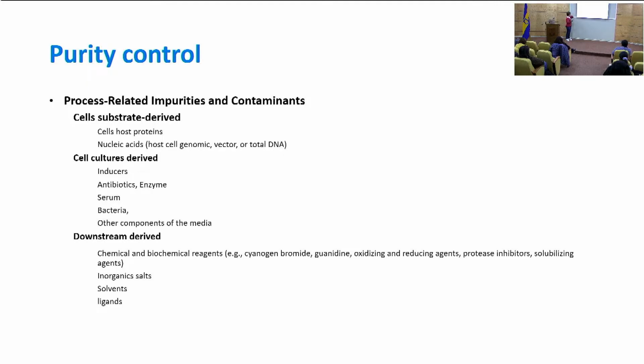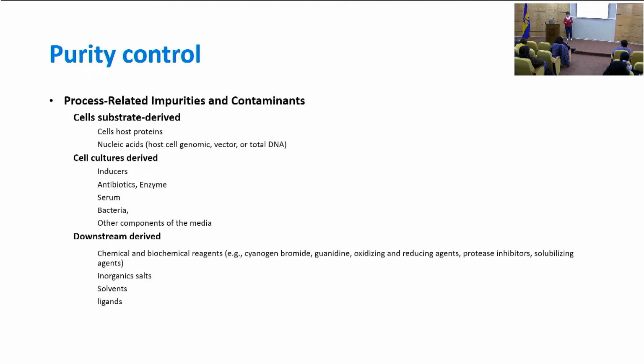During the downstream process, you will have many steps: filtration, formulation, which can also lead to contamination by different agents. Even, for instance, contaminants which are due to the filtration process.